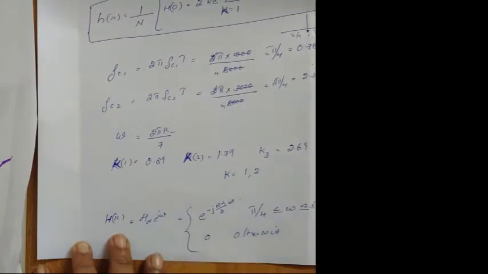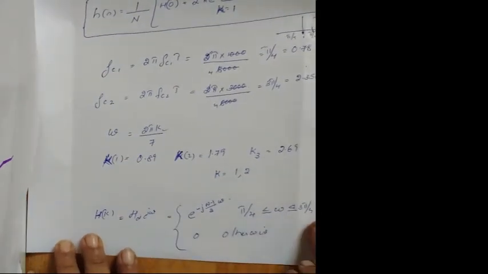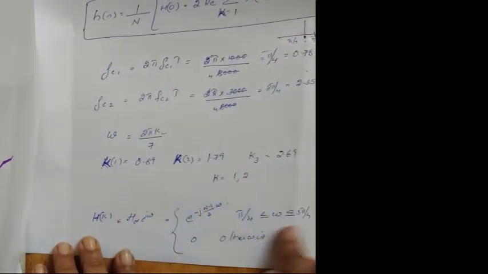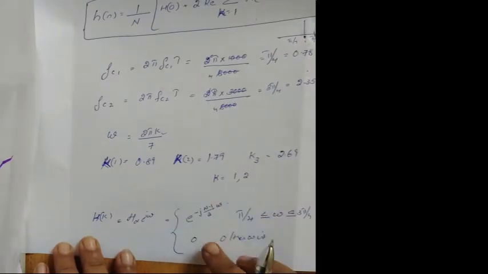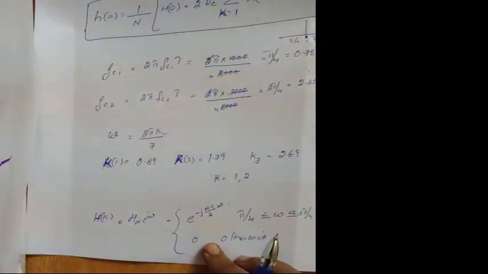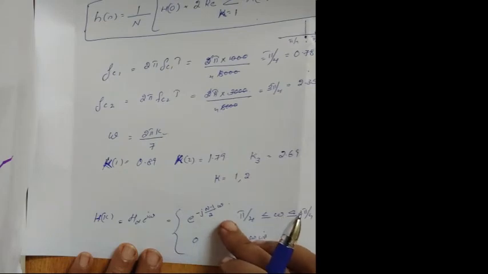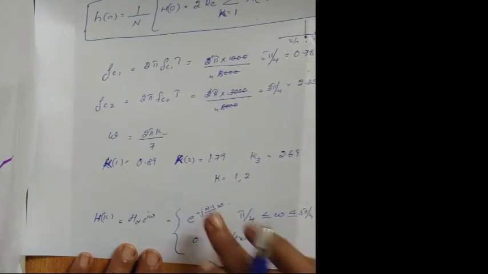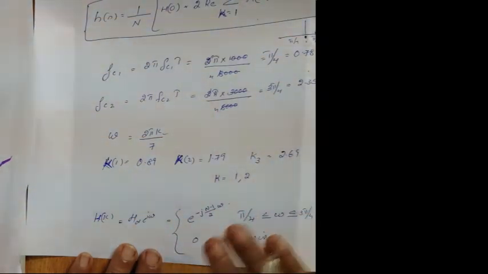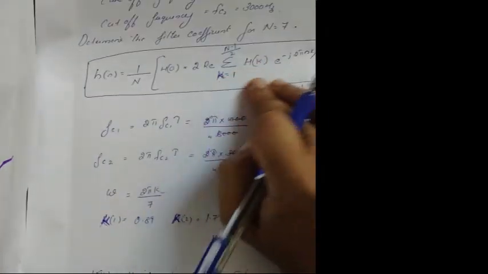This is the constraint that you got. First you found which limit it is varying in. As it is not an ideal case, frequency sampling will not be in an ideal case; otherwise it will be given like that. So you have to find e raised to minus j (N minus 1) by 2 ω.